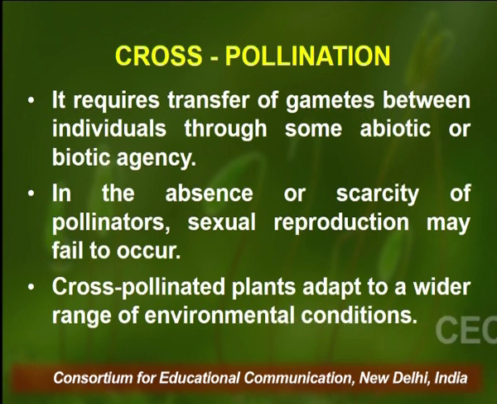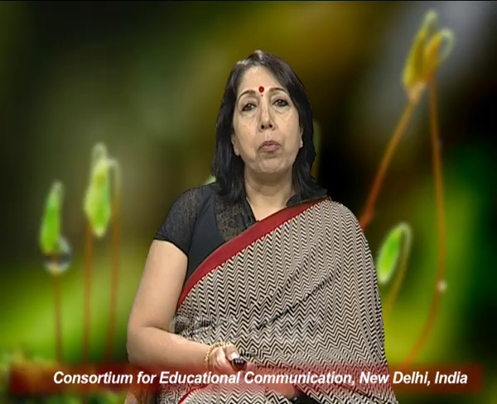But here the advantage of self-pollination comes in, where there is no dependence on any pollinator for the transfer of pollen grains. Cross-pollinated plants adapt to a wider range of environmental conditions, because like I said, because of this genetic heterogeneity which is observed in them, they are more adaptable.